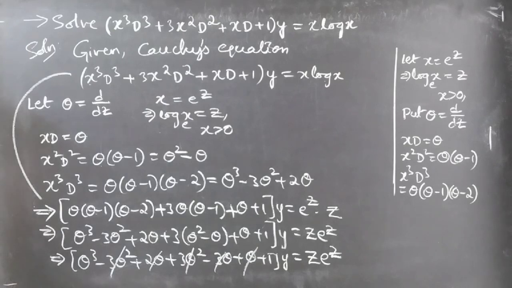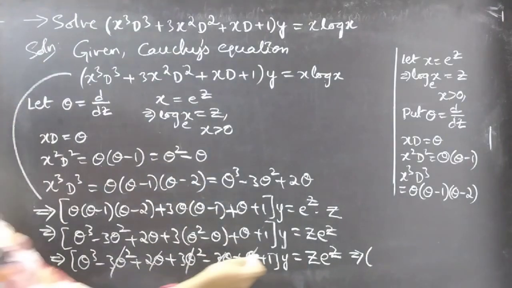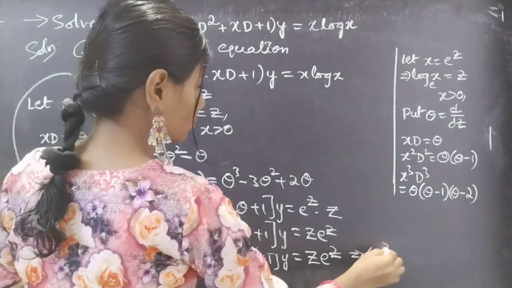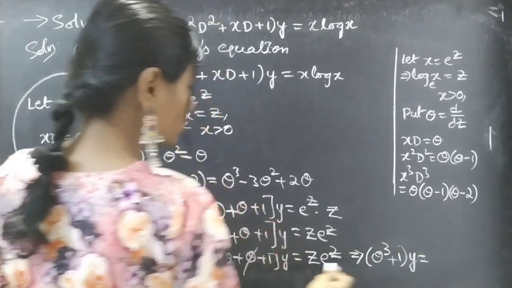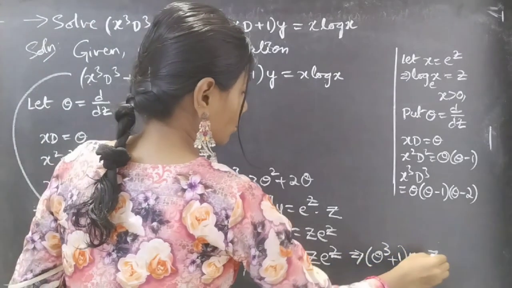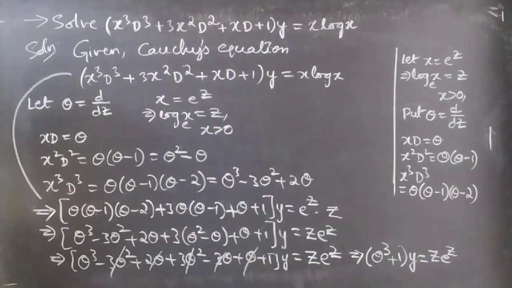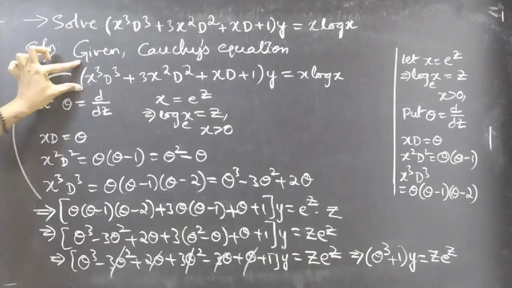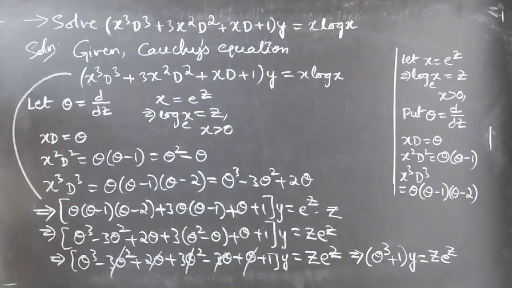Okay. Then we'll get theta cube plus 1 into y equal to z into e power z, right? So we have reduced the given differential equation with variable coefficients to a differential equation with constant coefficients.